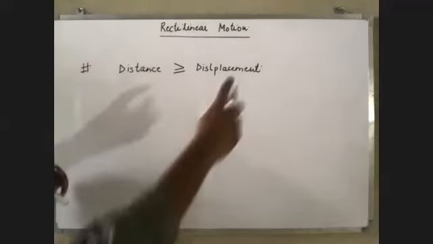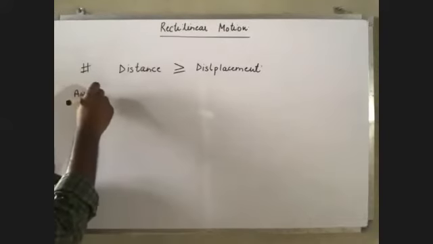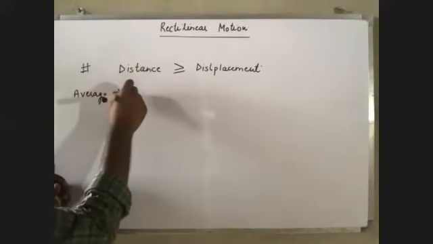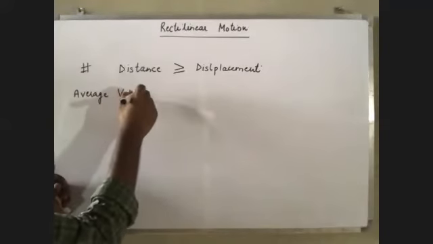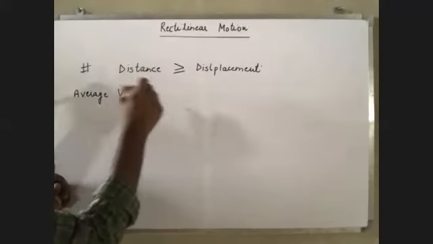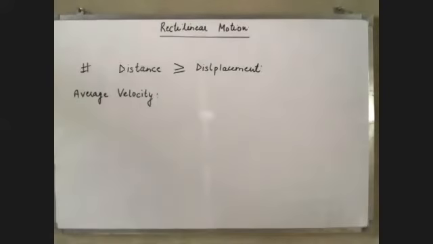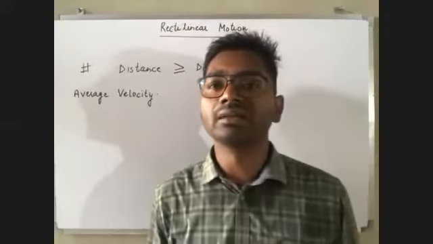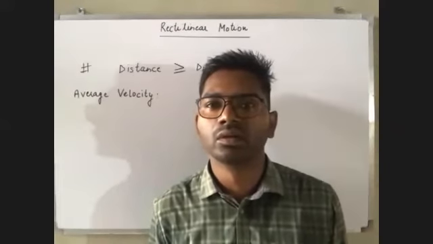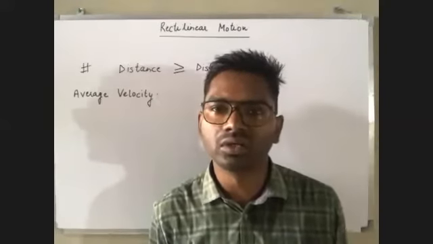Next, average velocity. Can anyone tell me what is average velocity? How can we define average velocity? Total displacement by total time, right?